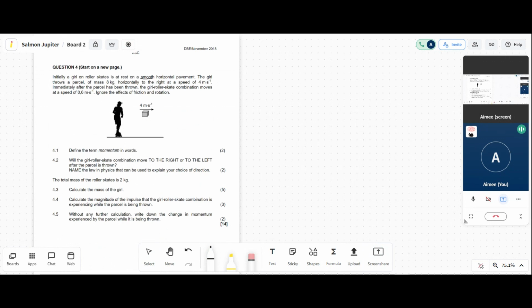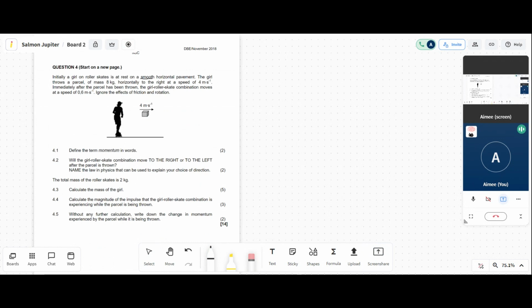You need to go and find this document online, or ask your teacher for it, and study those definitions off by heart because they won't accept just a general definition. According to the memo, the definition for momentum is the product of the mass of an object and its velocity.